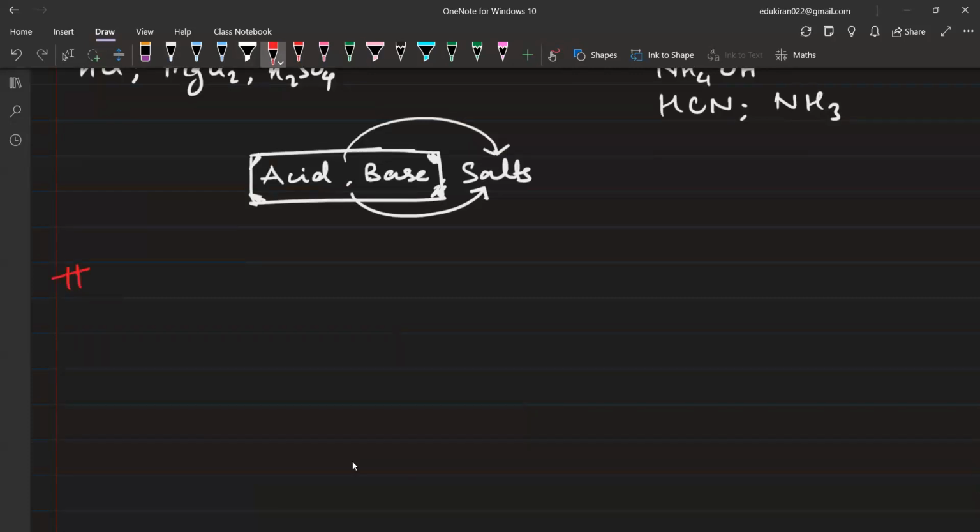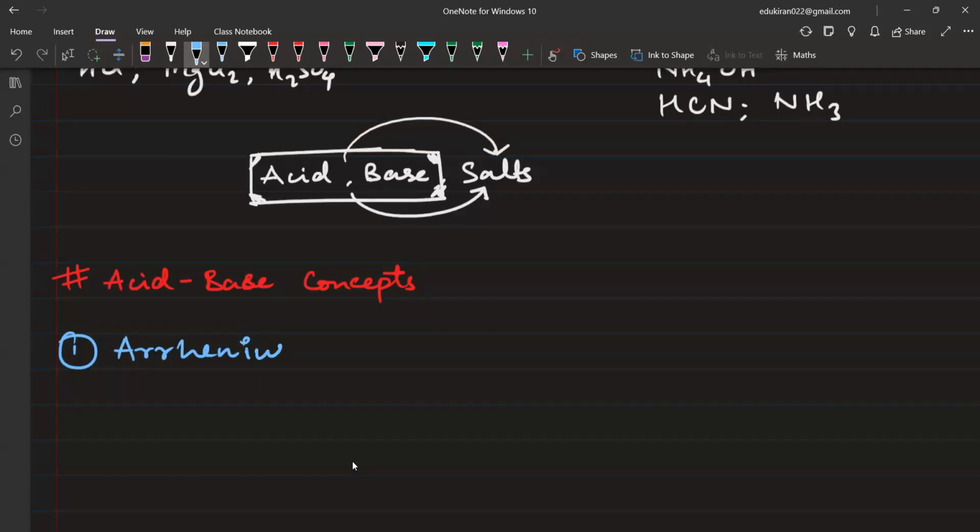There are different definitions of acid and base that have been given. The first concept was given by Arrhenius, and this is the most common concept also.